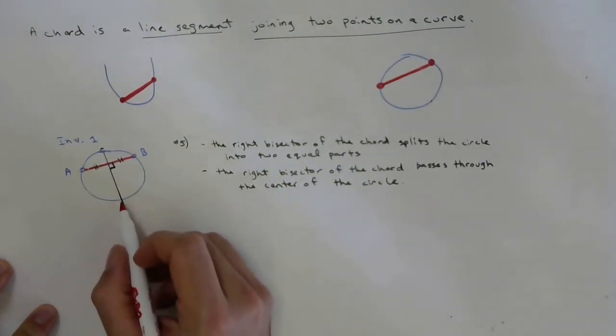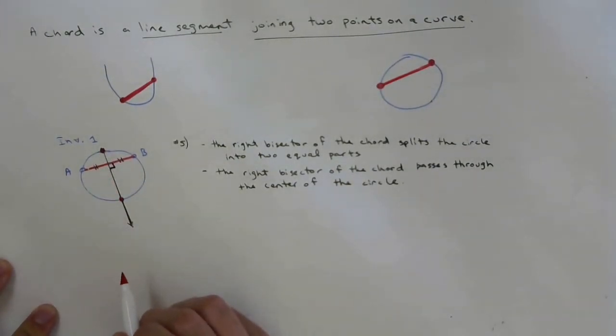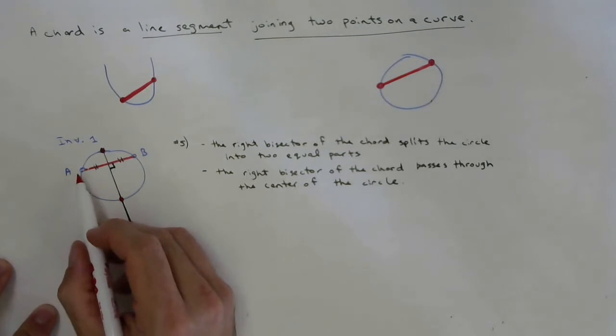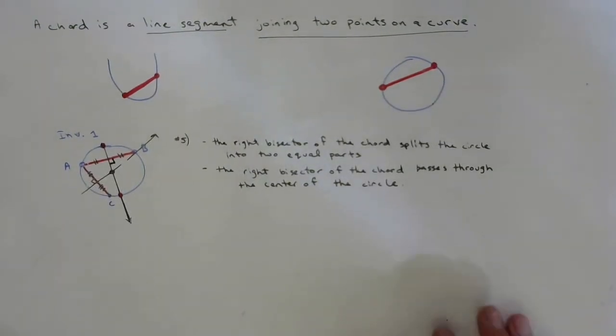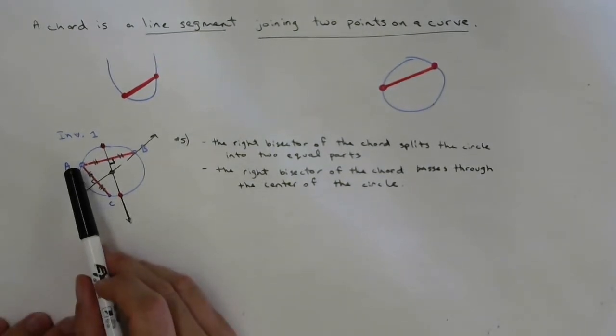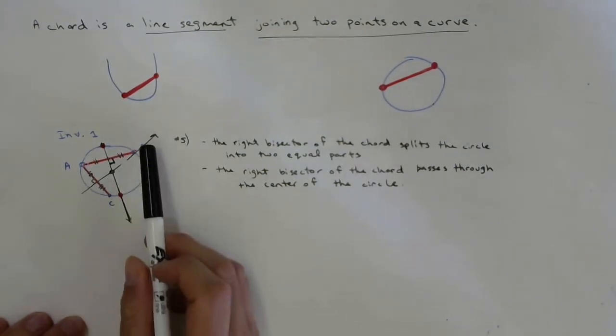Again, I don't actually know this point, and I don't actually know this point. Could I draw anything else to identify the exact center of the circle? It's a brain game. I'll give you a second to think about it. Okay, this will come up again, so make sure you pay attention. All I need to do is draw a second chord and find the right bisector of that chord.